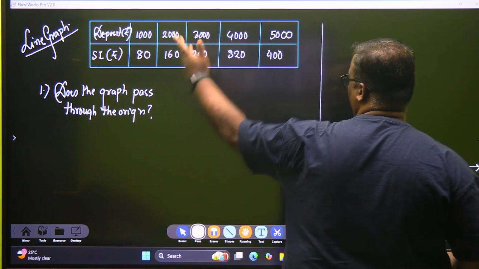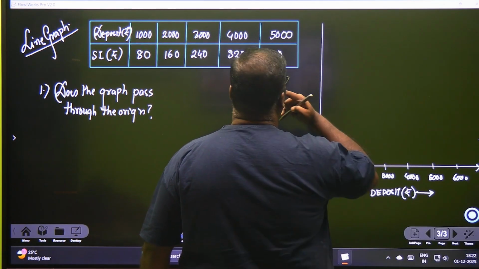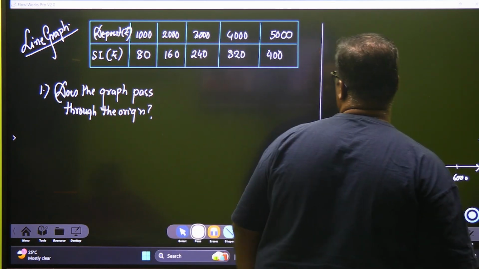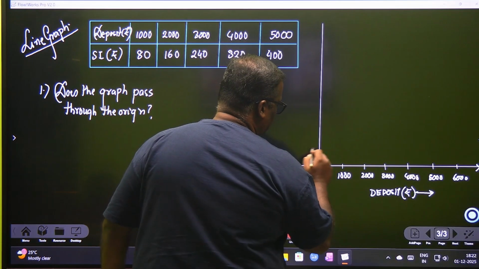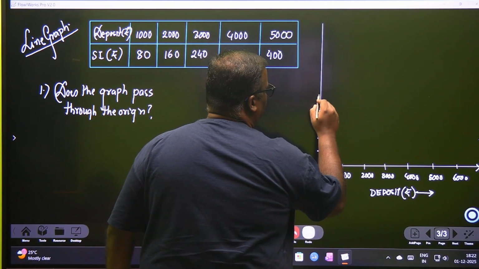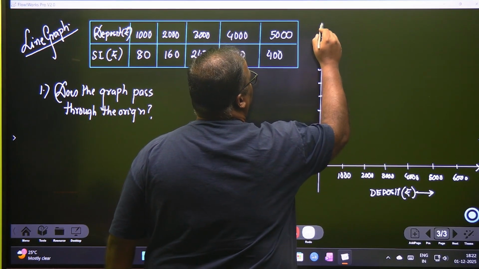Or here we can go by 50s. I think 50s will give you a better graph, but if we go by 50, how much do we need? Up to 400, so we should be able to go to 800. We'll try. 2, 3, 4, 5, 6, 7, 8, 1 extra, 9.